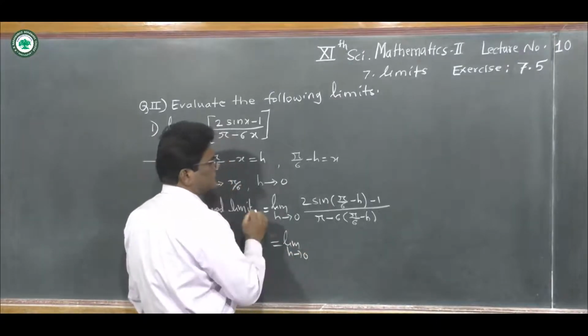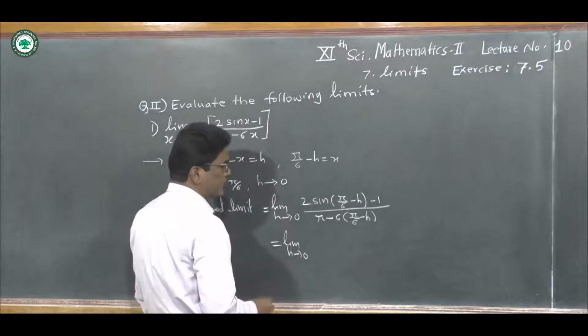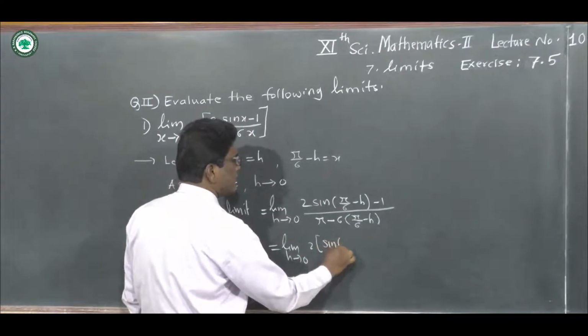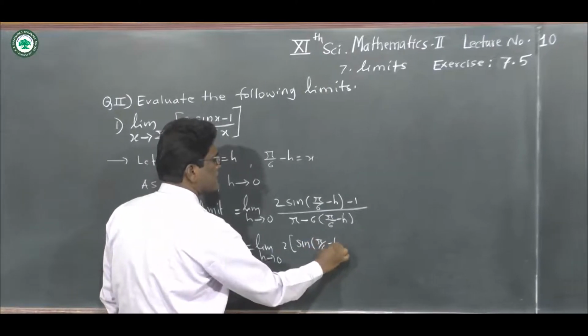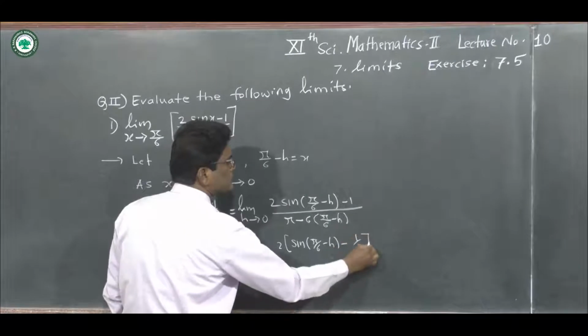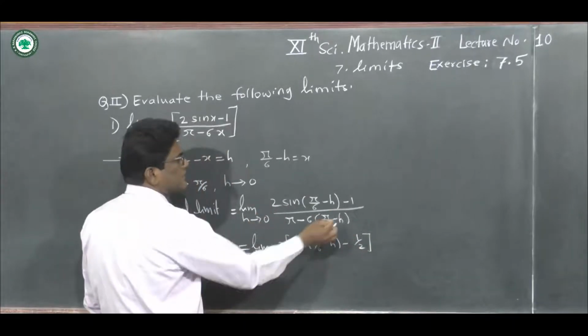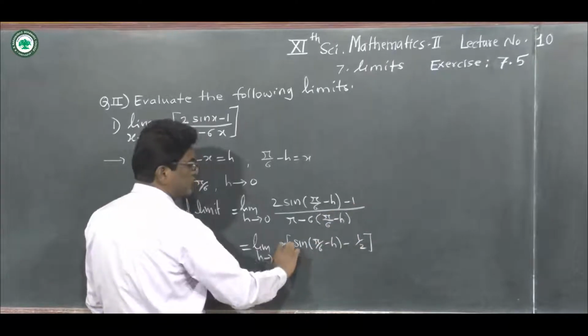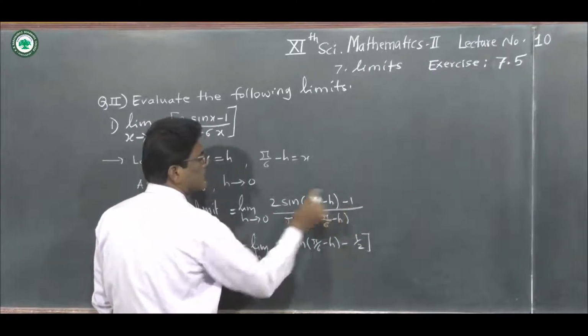Now take 2 common from the numerator. So 2 in the bracket: sine of (pi by 6 minus h) minus 1 upon 2. When we take 2 common, 2 is not present, so divide by 2; again if we multiply by 2, 2 into 1 half is 1.